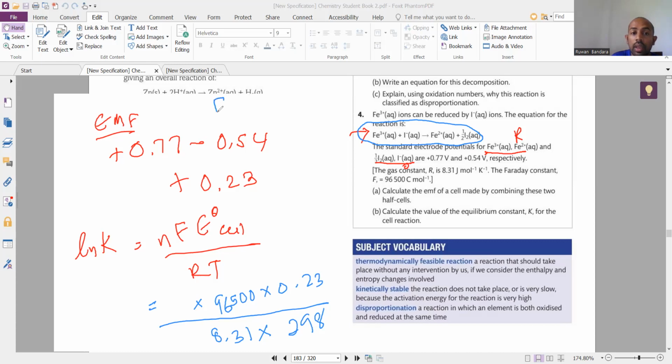Here Fe3+ goes to Fe2+. It's only one electron. Therefore, n is 1. Now can someone tell me the answer for K?